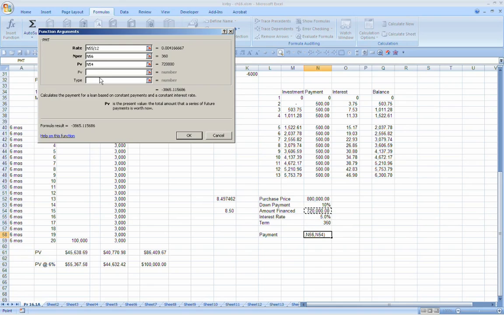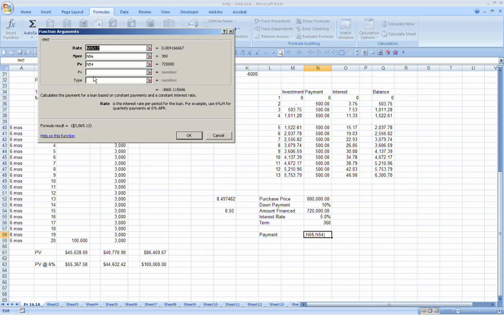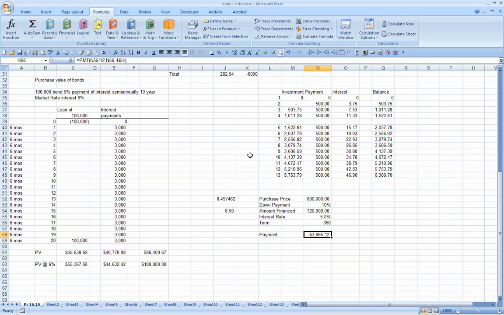I don't know what my future value is, and I'm not going to change the type. And I'm going to hit enter, and I've made a mistake in that I didn't put my present value in as a negative. So a $720,000 loan on this theoretical house, my payments would be $3,865.12 a month. I may change this to monthly payment just to be a little more clear on what I'm doing.